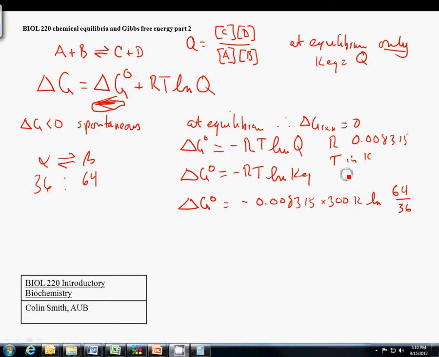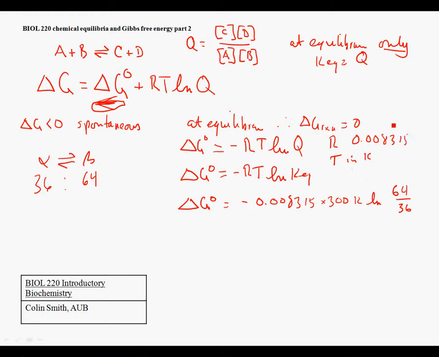So the value of R here, I wrote it in kilojoules per mole Kelvin. So the other value of R is 8.315 joule per mole per degree. Okay, so we can enter this value in.